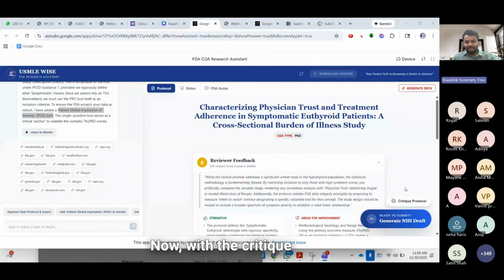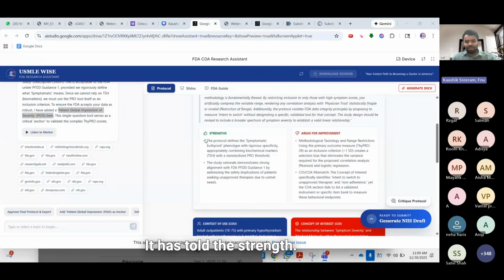Now the critique of the protocol has listed the strengths. We have defined the symptomatic euthyroid phenotype, which is your concept of interest, and you have come up with a good rationale. Mistrust is an issue. Now, what are some areas of improvement?